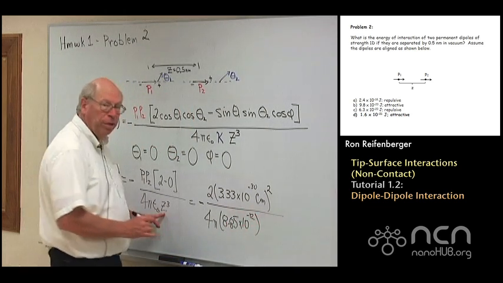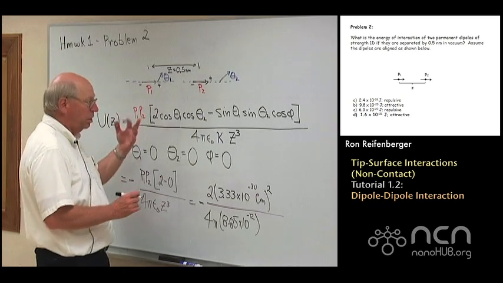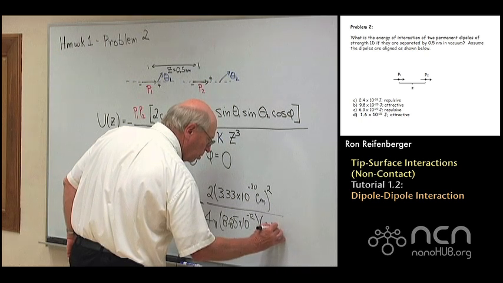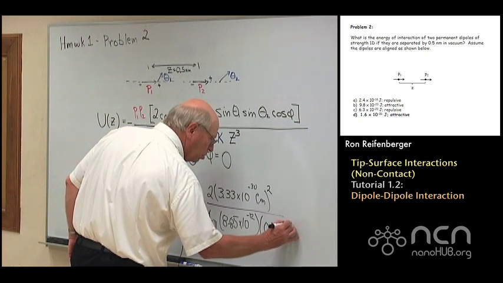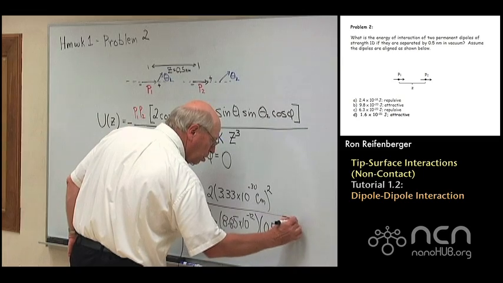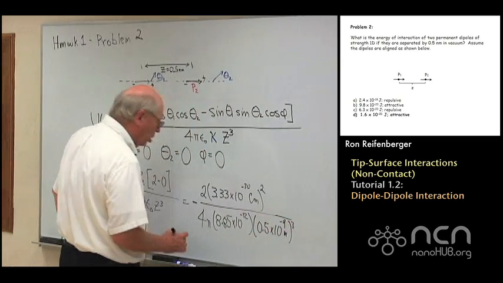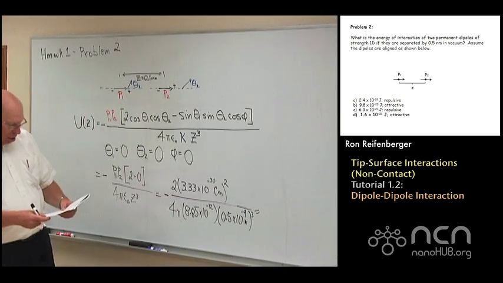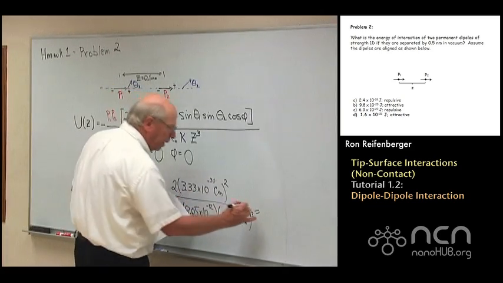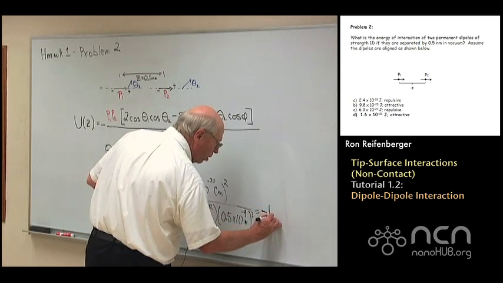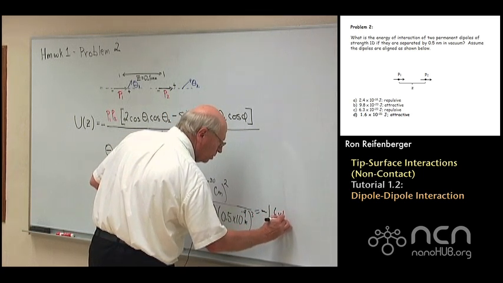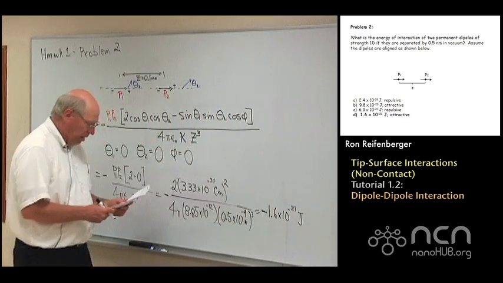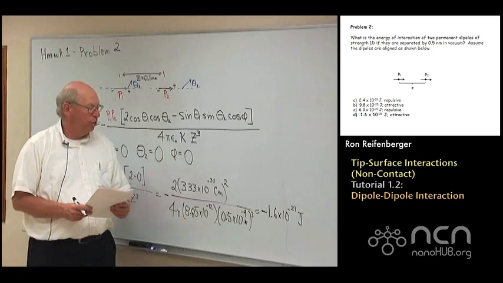And now we have to put in the cube of the separation distance, which in this case is 0.5 nanometers. That has to be cubed. So when I work all that out, I get a number that's minus 1.6 times 10 to the minus 21 joules. And that number matches choice D in problem 2.